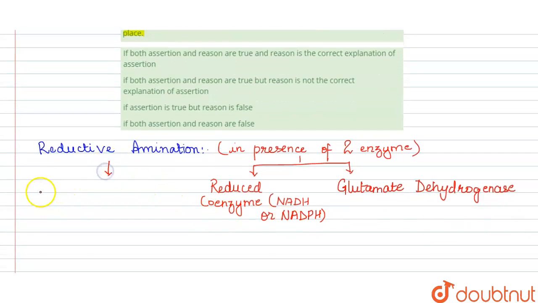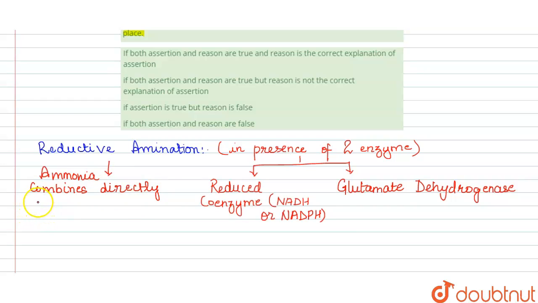Basically what happens, we see what combines: ammonia combines directly in the presence of these two enzymes with what?